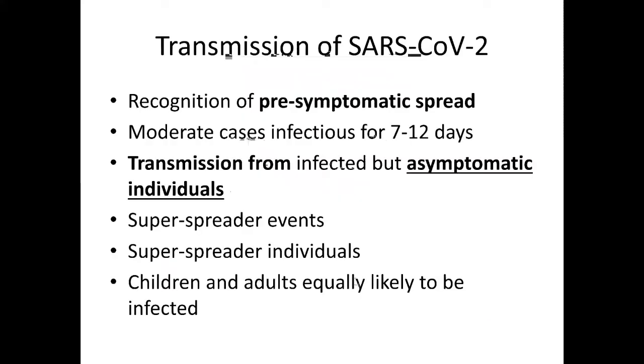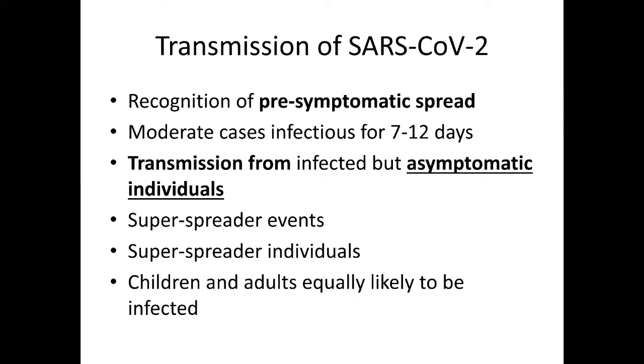So transmission of SARS coronavirus 2 can be enhanced and complicated by many factors, as we've learned. It was recognized that infected individuals could expel virus prior to developing symptoms, which is known as pre-symptomatic transmission. And then moderate cases are infectious for a long period of time, so they can transmit.